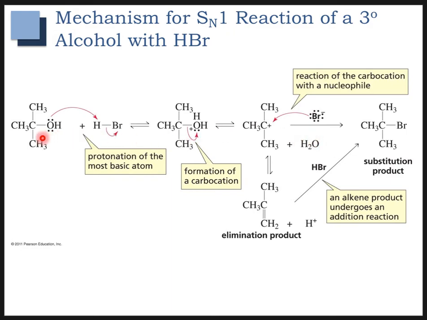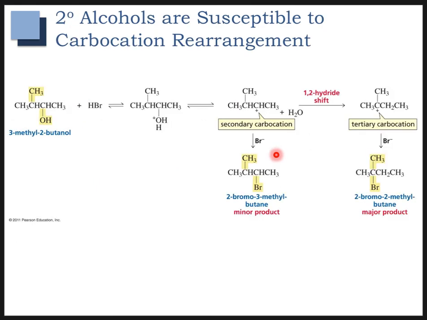Your tertiary alcohol here is going to form a nice tertiary carbocation that's stable. But in the case of a secondary alcohol, you are going to end up with a secondary carbocation. And so if you have a situation where it can form a more stable tertiary carbocation, it will do that.